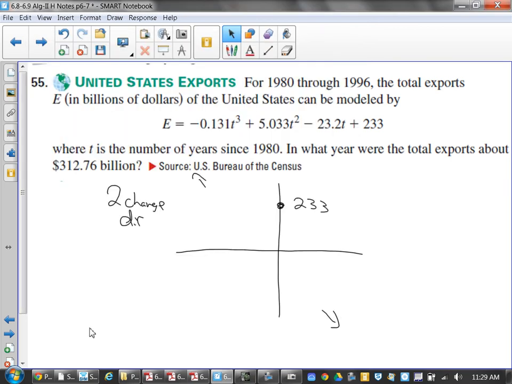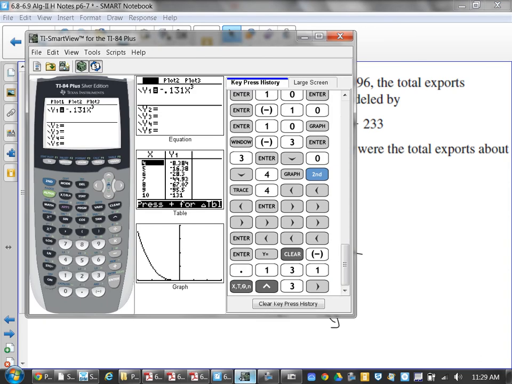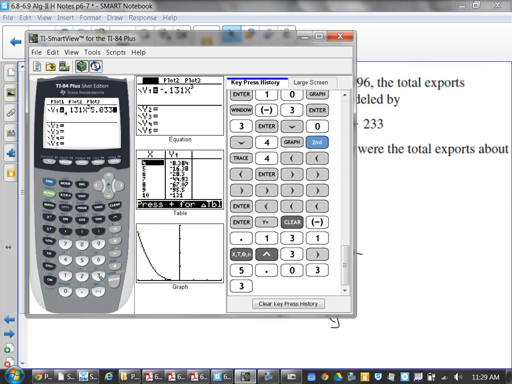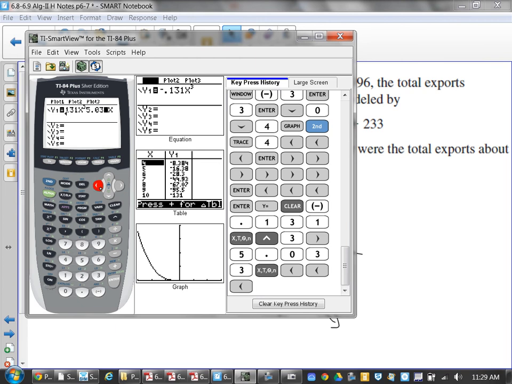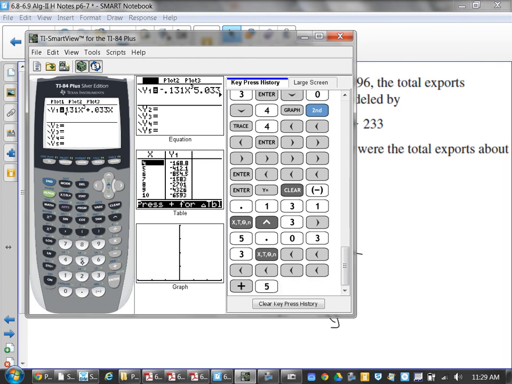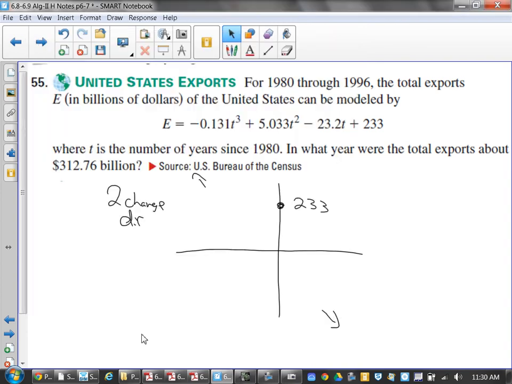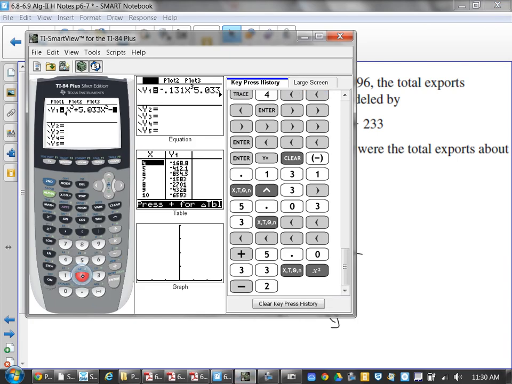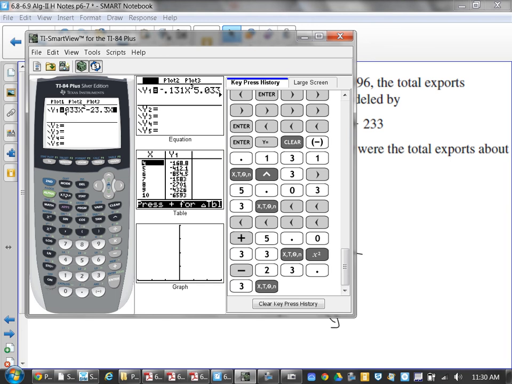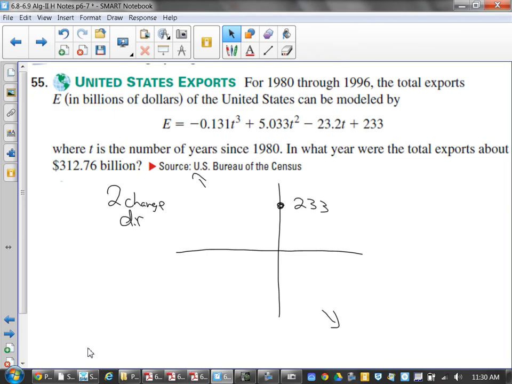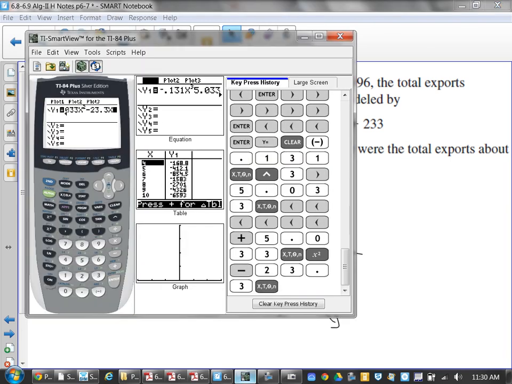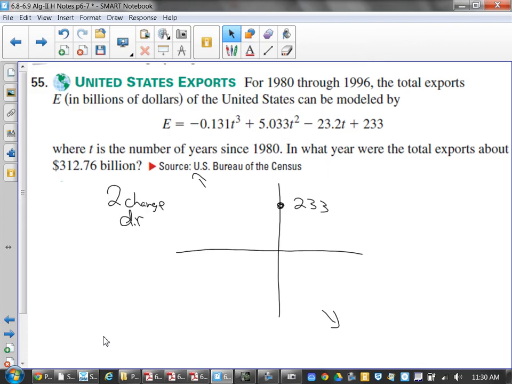5.033. No, what do we want to do? You forgot the plus sign. There's a delete button. Okay, 12. 23.2.